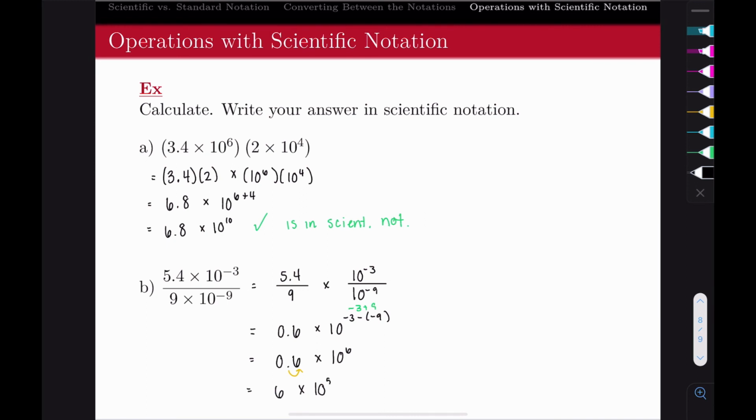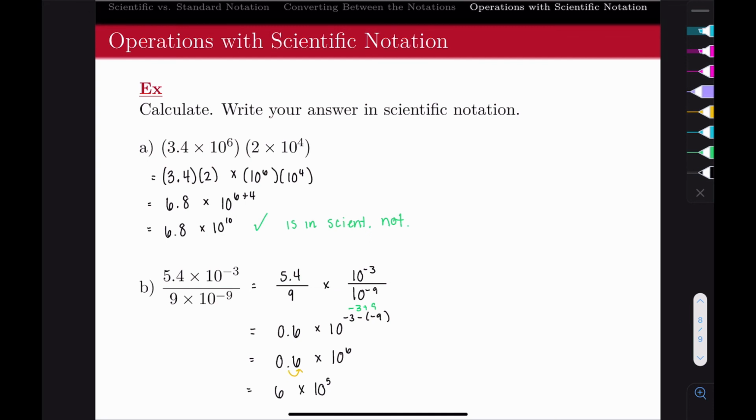So really, I've taken one of those positions that I need to move away. So it's reduced my power to the 5th. If it was 10 to the negative 6, it would have the opposite effect because the negative exponent would tell us to move the decimal this way, but I'm moving it opposite of the way I naturally want. Okay? So that's the logical explanation of why that occurs.